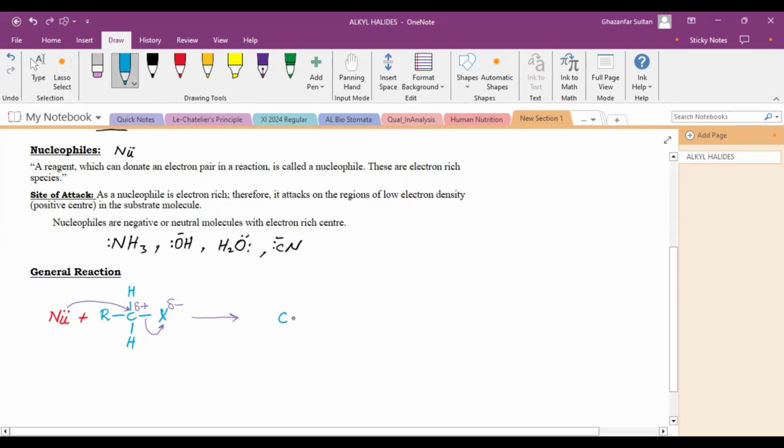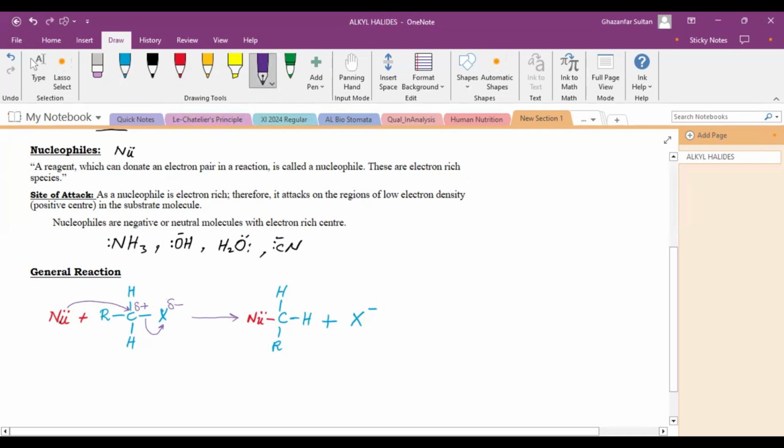So H is here, R is here, another H is here, and we can use this Nu symbol for the coming or attacking nucleophile, while halide is separated as a negative ion, and this is the leaving nucleophile.